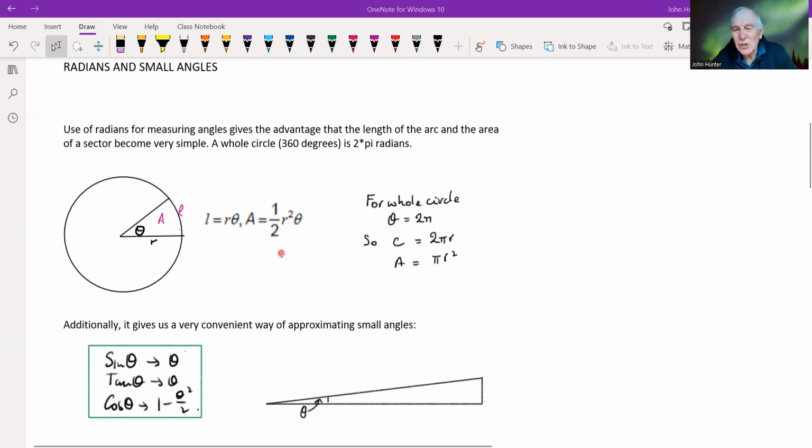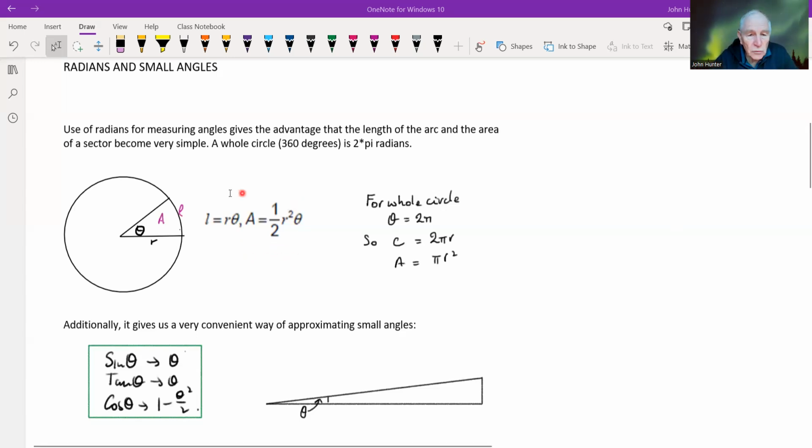In a sense, when we measure things in radians, we've already multiplied by pi. That's really what it comes down to, but that's not an overhead that we have to face. So it's quite useful.